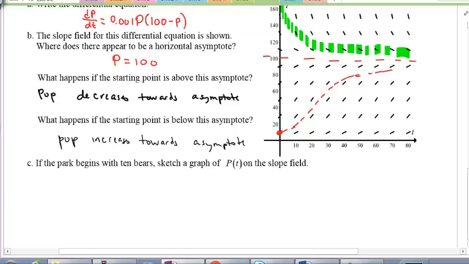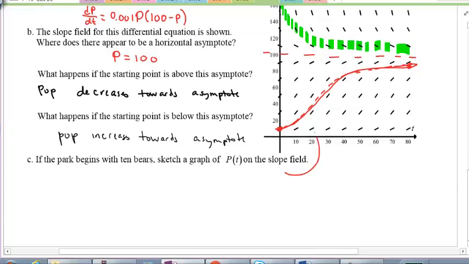I'm thinking the graph looks something like this. And your logistic graph, or the function of P, looks like that. And once again, you should see that this now gets closer and closer to the line of 100.